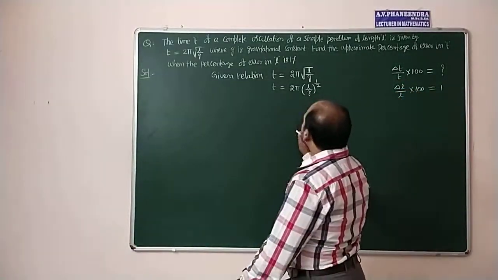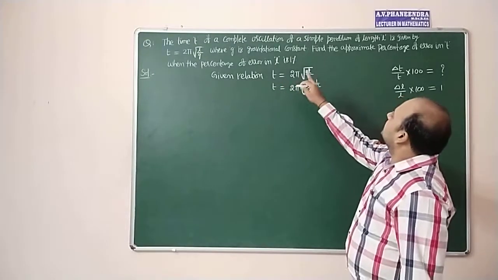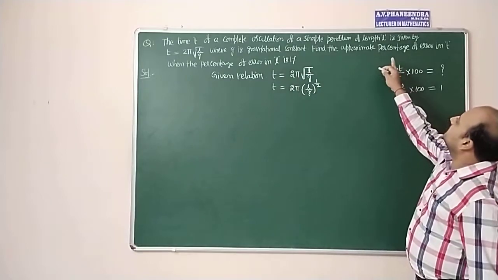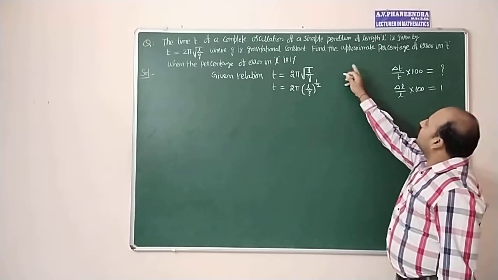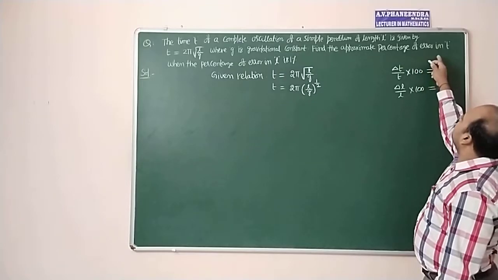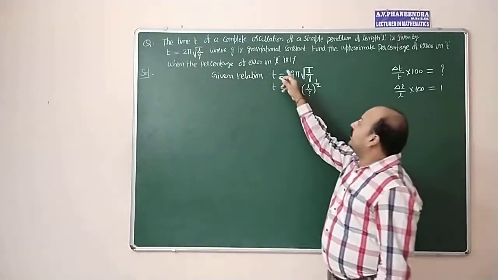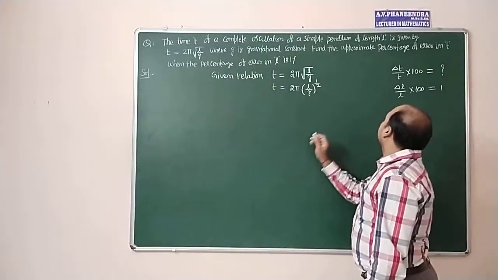Next, given that G is a gravitational constant, find the approximate percentage error in T when the percentage error in L is 1%.